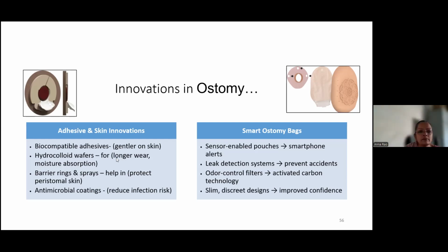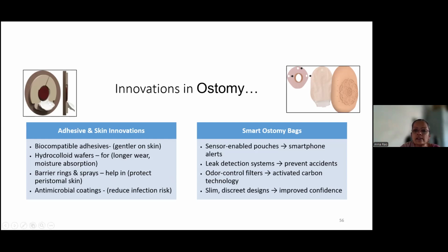There are biocompatible adhesives that can be given. I will go a little fast because electricity has gone in my room, so I may not be able to go completely. Only two, three slides are remaining, so we will move fast.